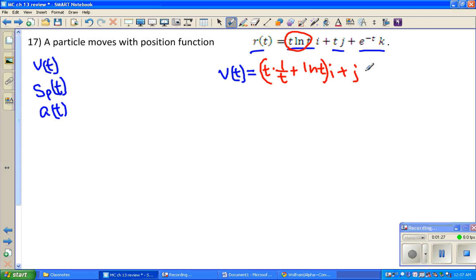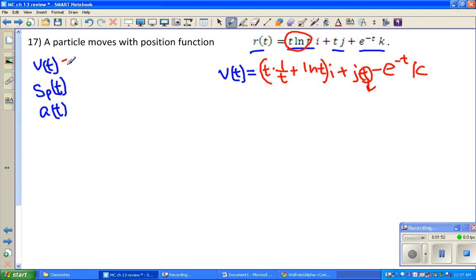Now, in the case of the last component, the derivative of e to the negative t simply becomes negative e to the negative t. Okay, hence this portion will just simply drop out. We have minus e to the negative t. Now, that will be, in fact, our answer for velocity.